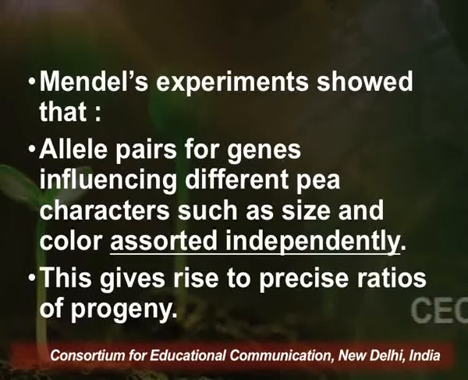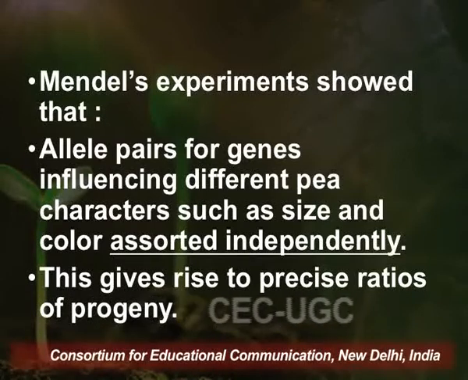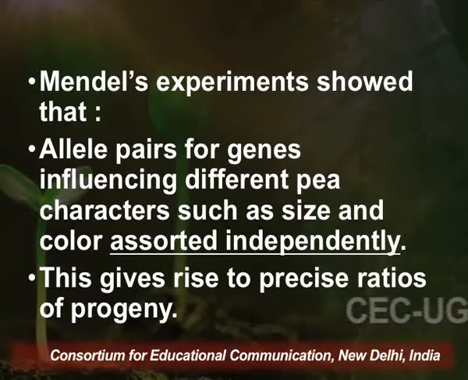And once we saw that this independent assortment existed, naturally it gave rise to very precise ratios of the progeny. We had also concluded so many times that 9:3:3:1 would be the phenotypic ratio, and of course the genotypic ratio, which was a very long one, 1:2:1:2:4:2:1:2:1, was a dictum for the dihybrid cross.